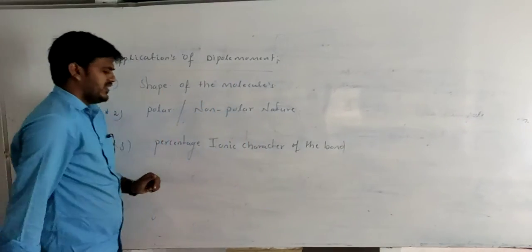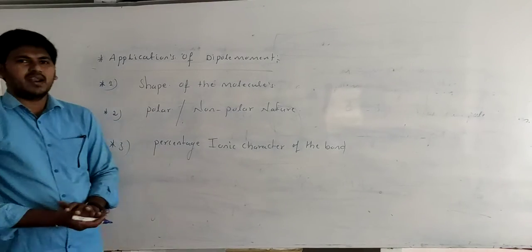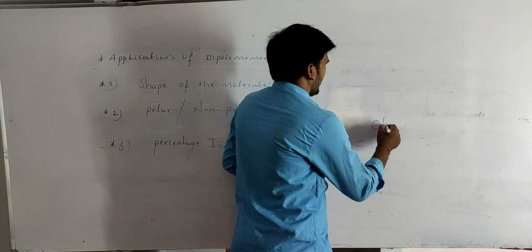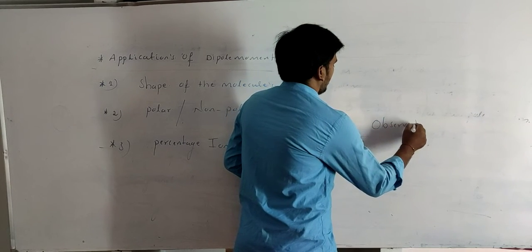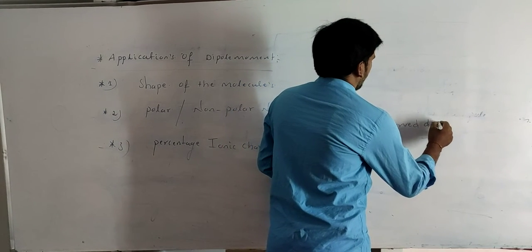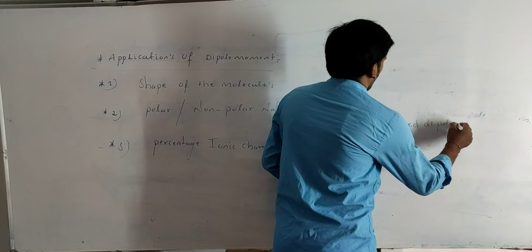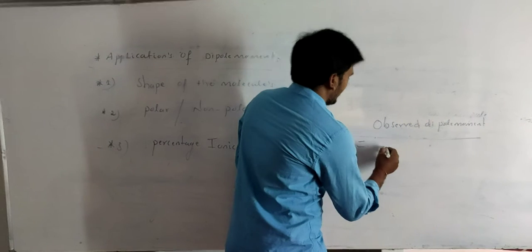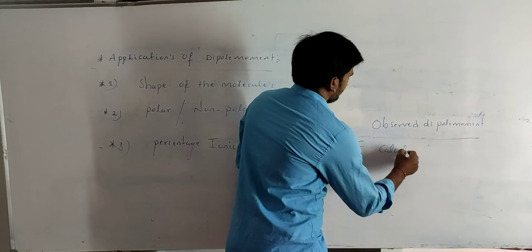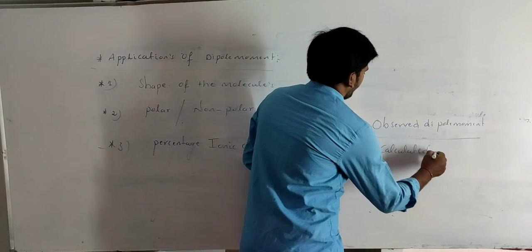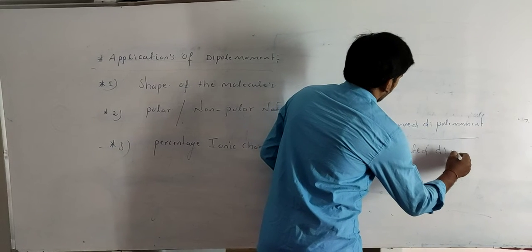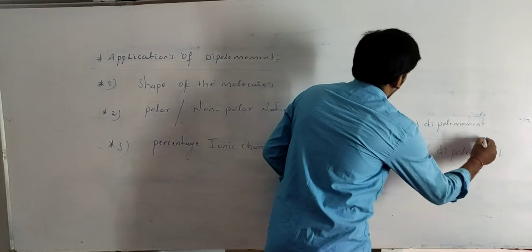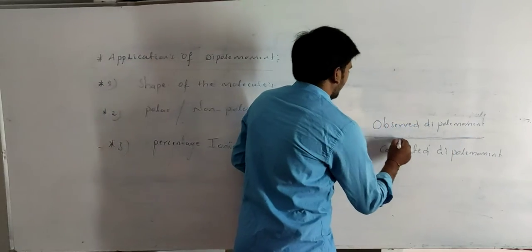To determine the percentage ionic character of the bond is equal to, very important, observed dipole moment by calculated dipole moment.